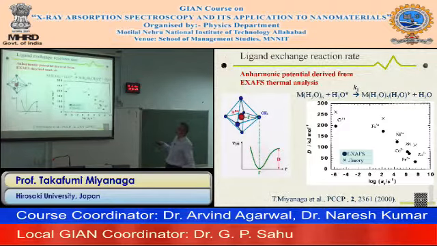For chromium, the exchange reaction is very slow, 10 to the -6 times per second. On the other hand, other ions have a much faster exchange. For example, zinc 2 plus has a very fast 10 to the 8 times per second.